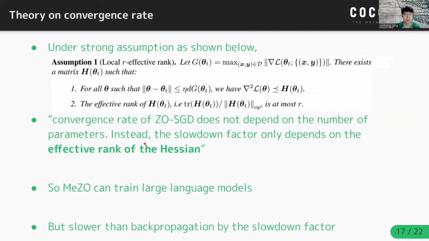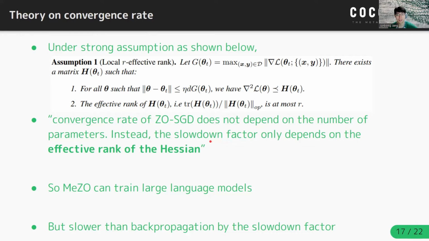The reason is that they also had this theory section on convergence rate, and I won't go deep into it because I didn't completely understand it. So just to briefly say what they theorize: under strong assumptions as shown below, the convergence rate of zeroth-order SGD, stochastic gradient descent, does not depend on the number of parameters.